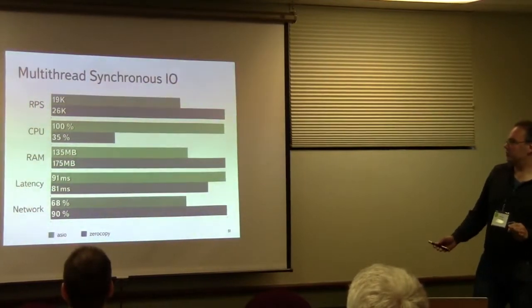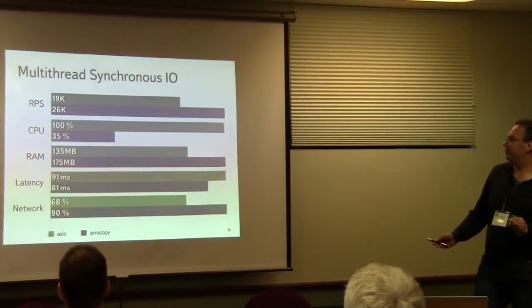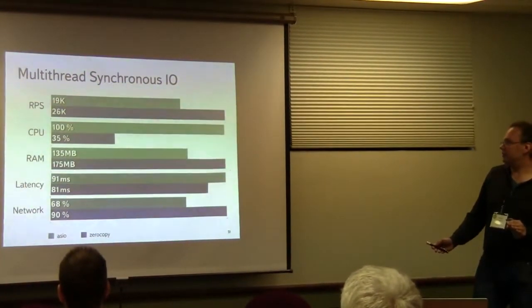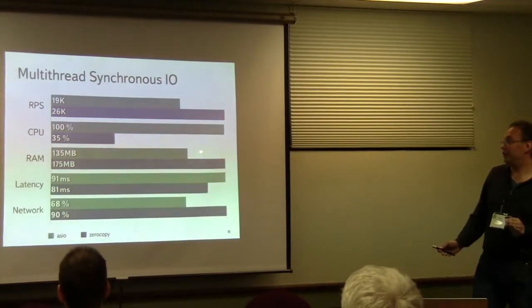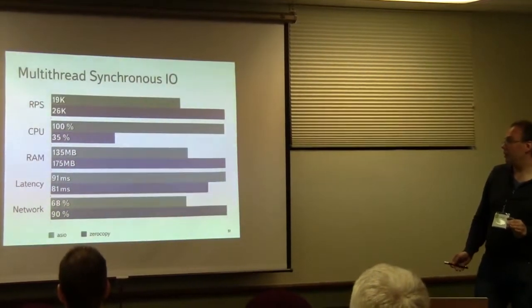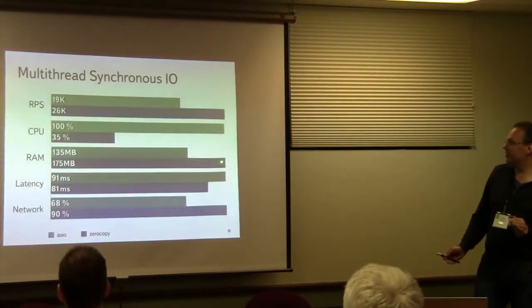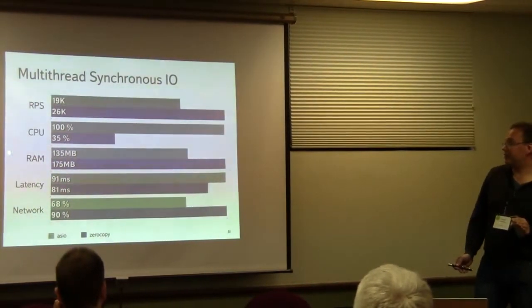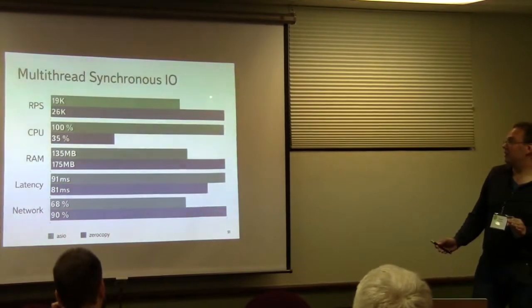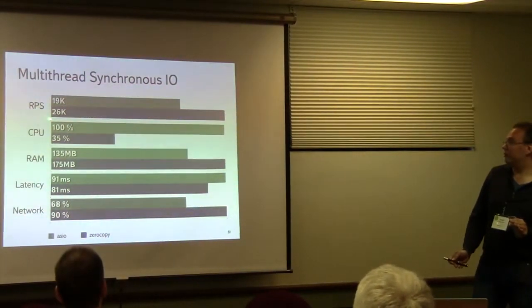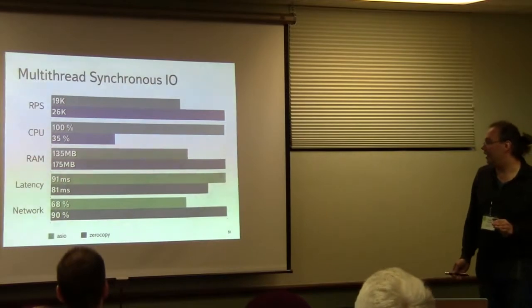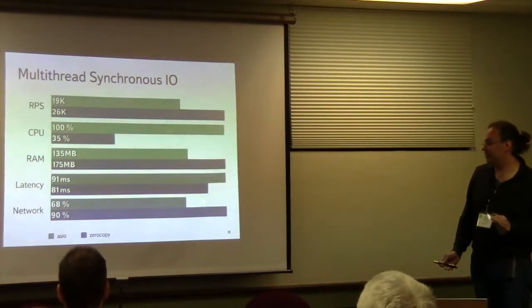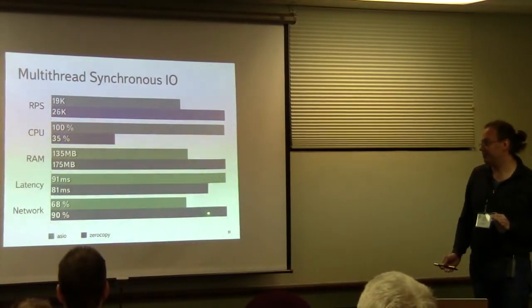Here we have a good advantage when we use zero copy. We have a good advantage in requests per second and a very good advantage in CPU utilization. We have bigger memory consumption, but this is because we have more requests. We have better latency, and we are near to hitting the network limits.